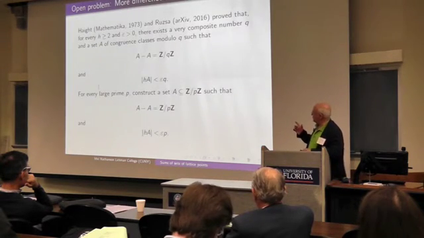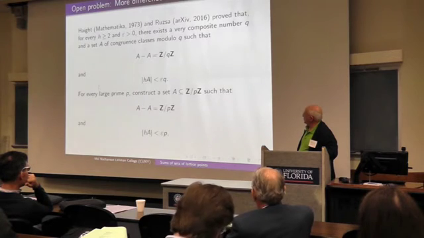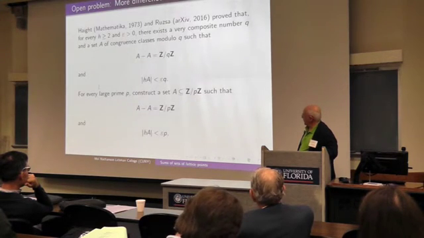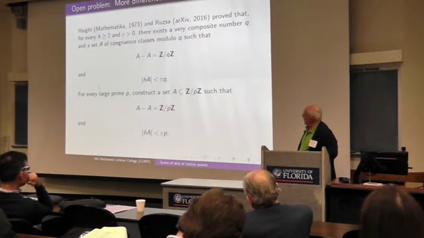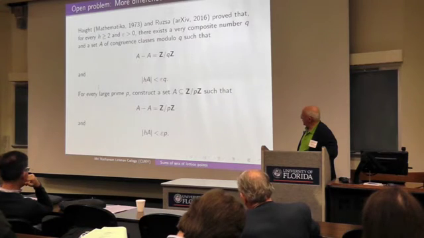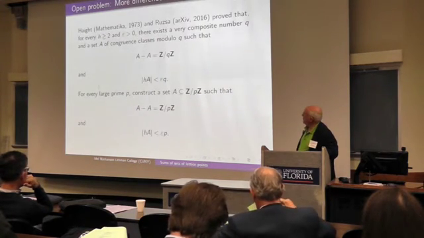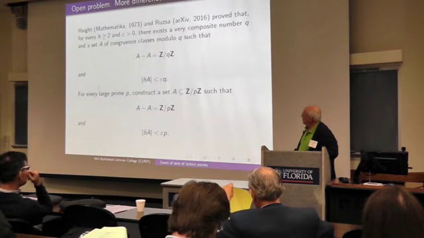It would be actually interesting, this is somewhat maybe a technical problem, but to show that for every large prime P, you can actually construct a set of residue classes mod P whose difference set is everything and whose H-fold sum set is very small. So you have an existence proof on it? You have no construction?